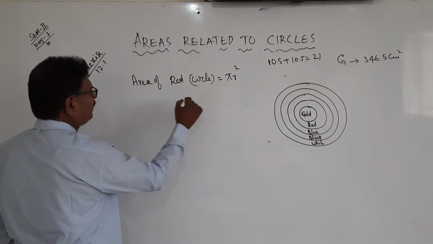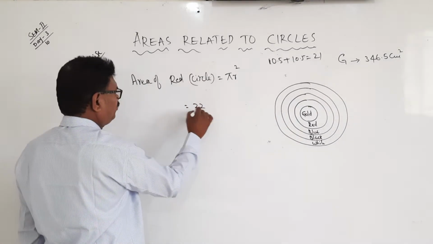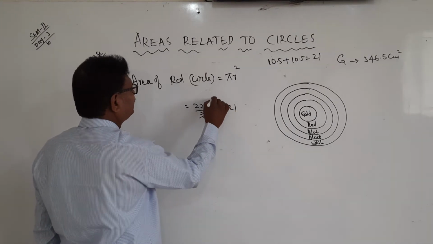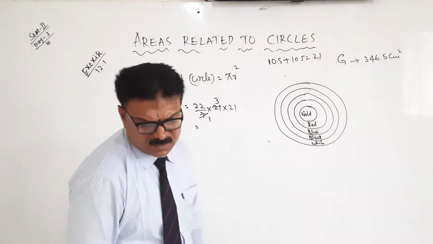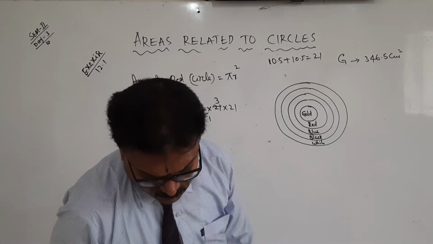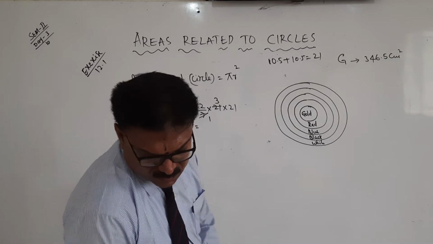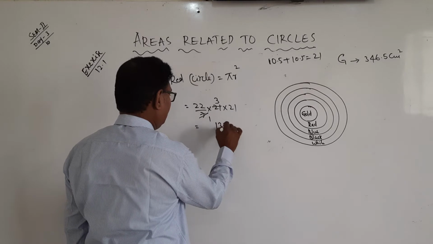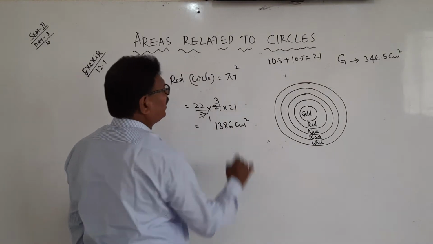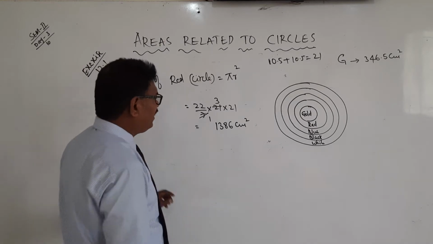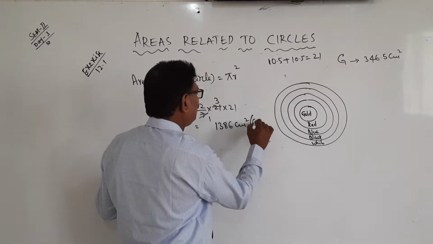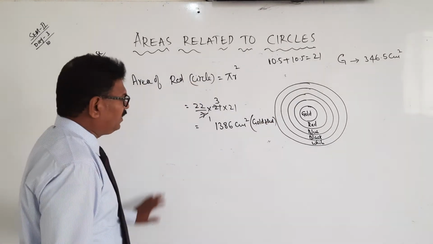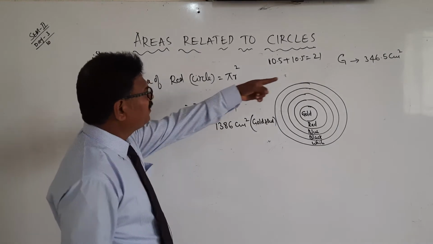Now radius, you see, pi r square, 22 by 7 into 21 into 21. 7 into 1, 7 into 3. So how much is it? 1386 centimeter square. So this is the area combined of gold and red. Correct or not? So in this we have to take out that much.